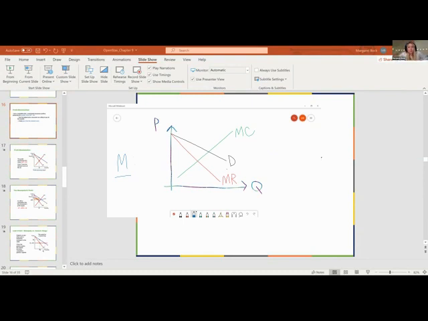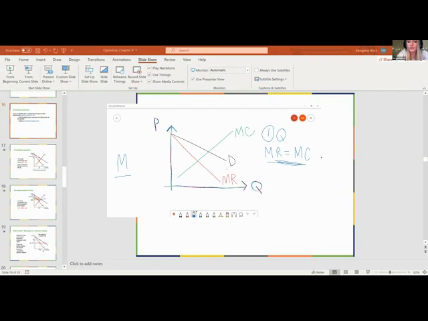Okay, so if we have these three curves, we can go right ahead and try to find the profit maximizing quantity and the profit maximizing price for this monopoly. Finding the profit maximizing quantity is exactly the same as for a perfectly competitive firm.